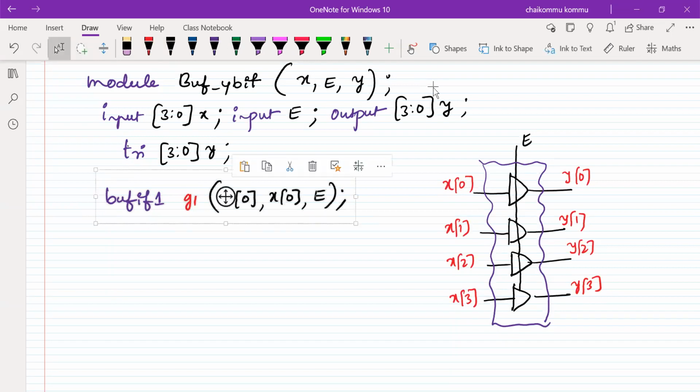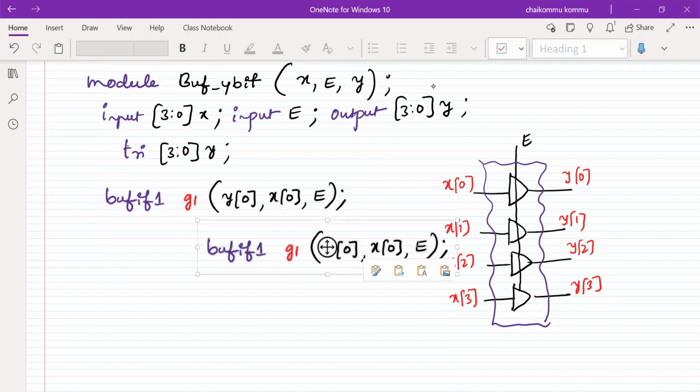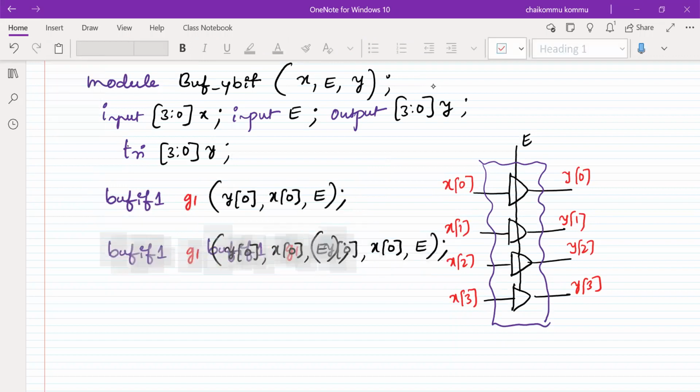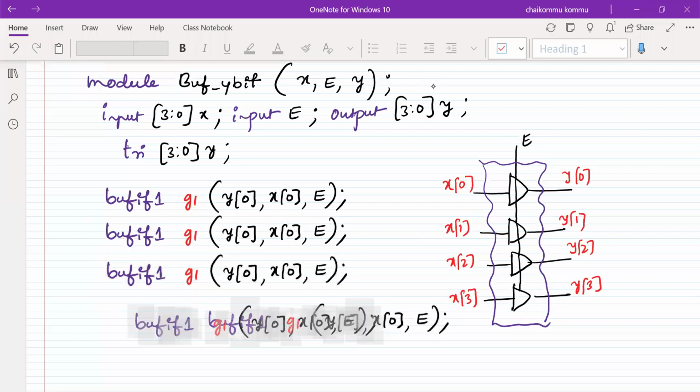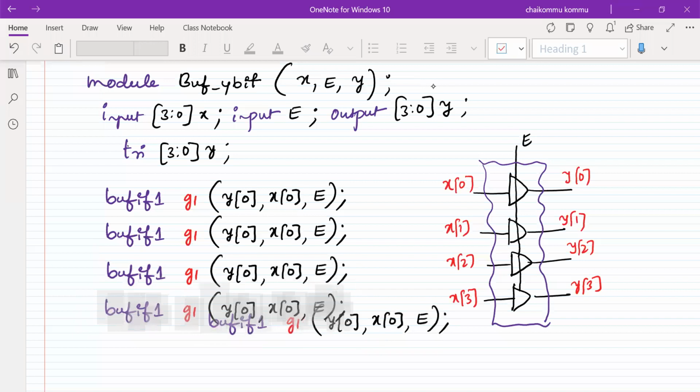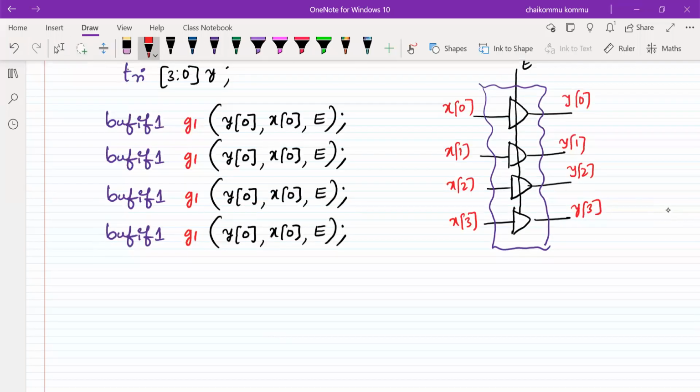So how many times do I need to write? Another 3 times I should write. So this is the first, second one, third one, fourth one. Next, I should modify these things, right?